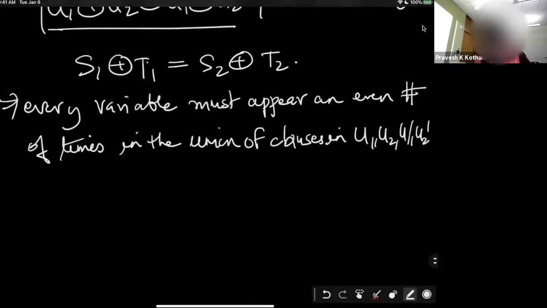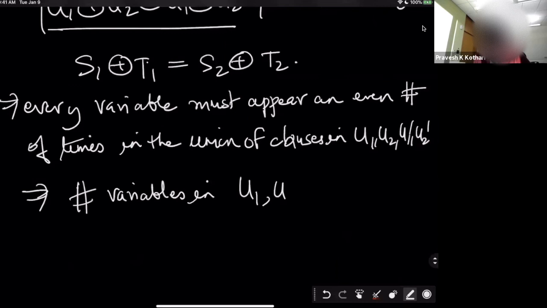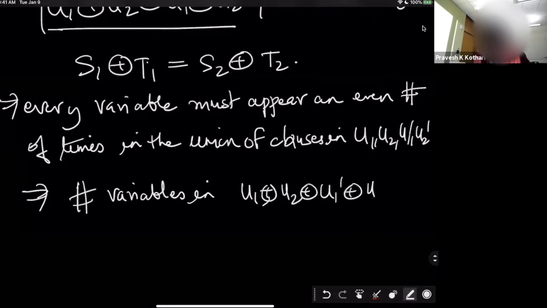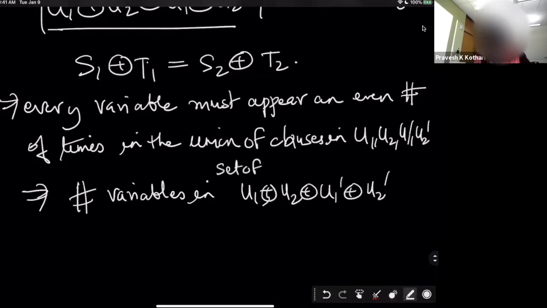What does it mean? It means that the number of variables in this set U1 union U2, or actually just the XOR, is at most, so each constraint has 3 variables.